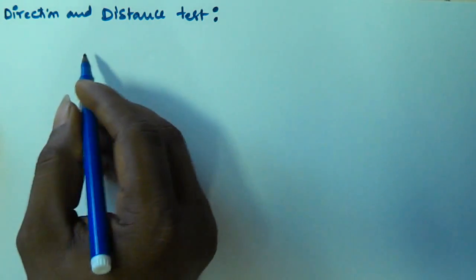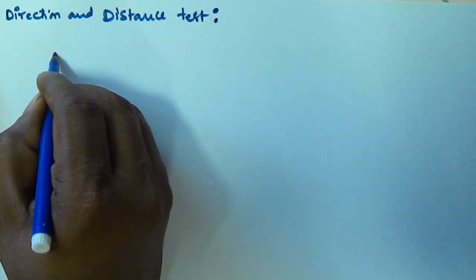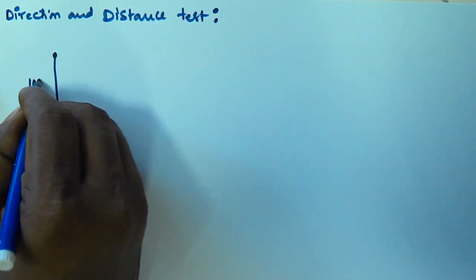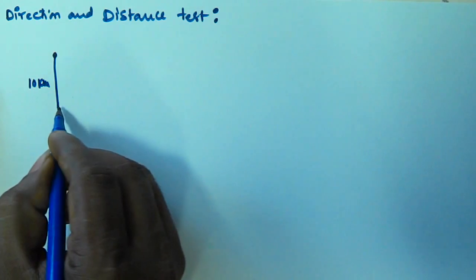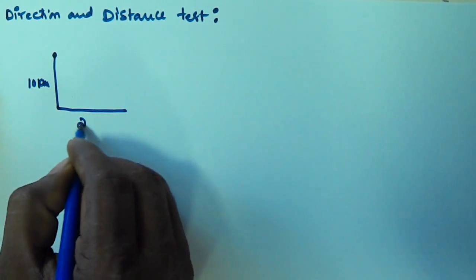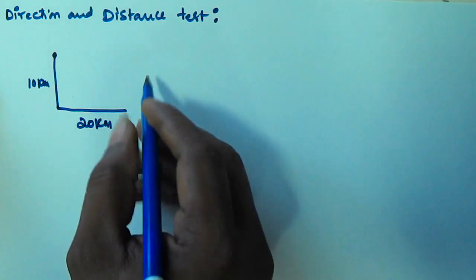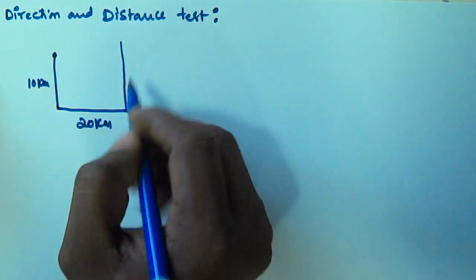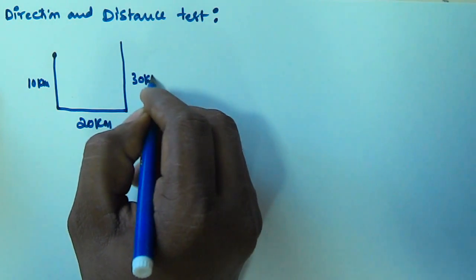Okay, so here let us assume a person started from a point and he moved south 10 kilometers, and from there he took the left side and traveled 20 kilometers. From there again he took the left turn and traveled 30 kilometers.